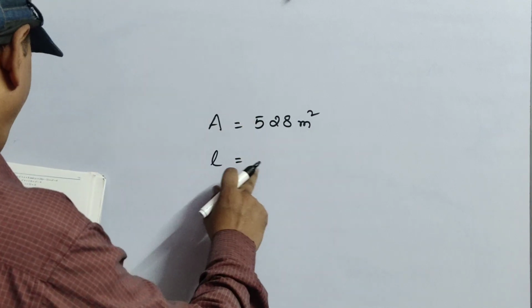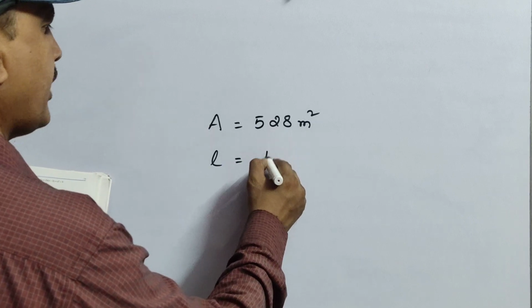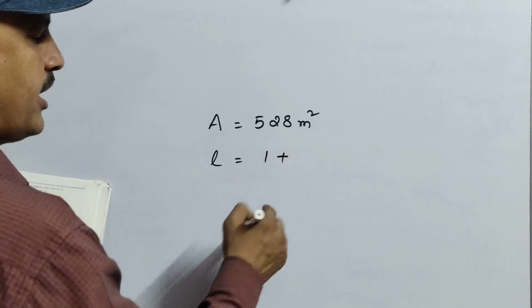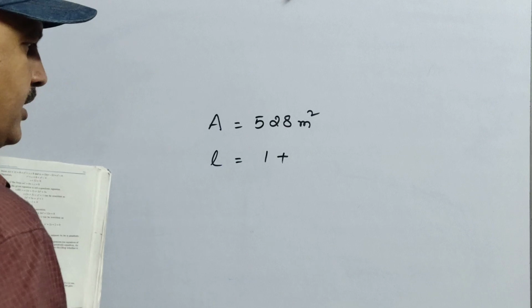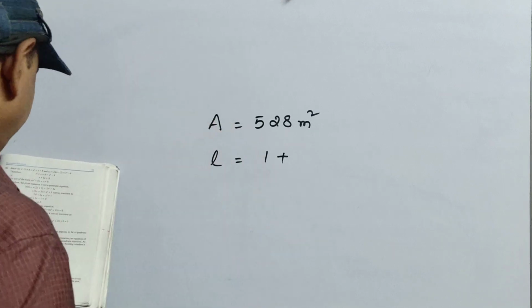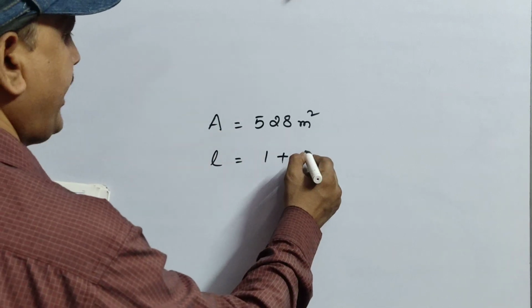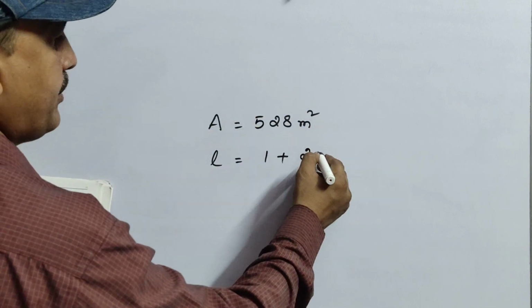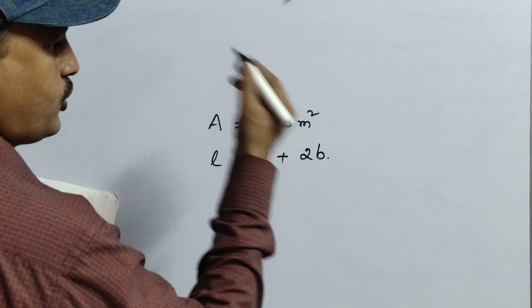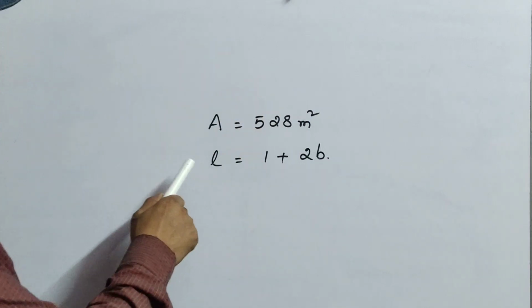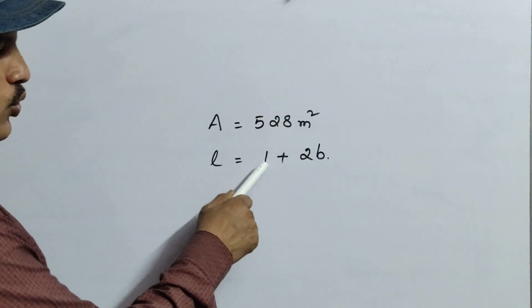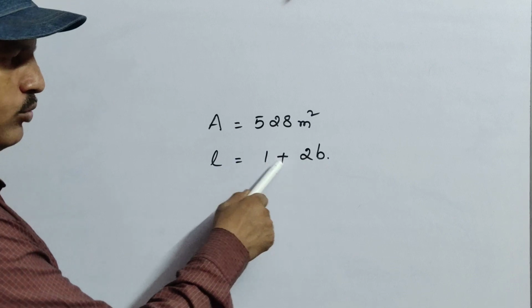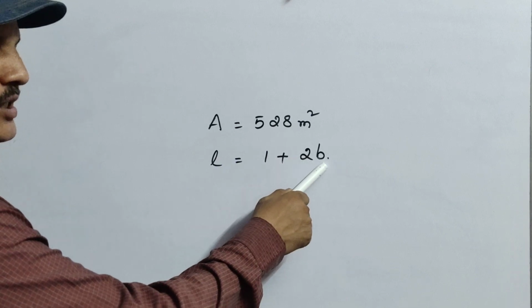The length of the plot is 1 more than, that means 1 plus, since more than means plus in mathematical form. Twice means 2, twice its breadth means 2b. That means length equals 1 plus twice its breadth.